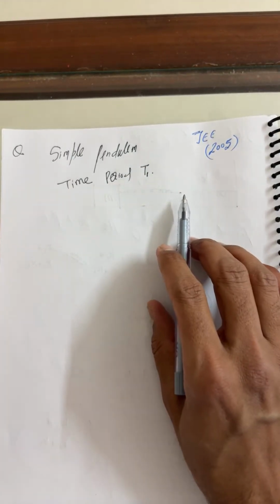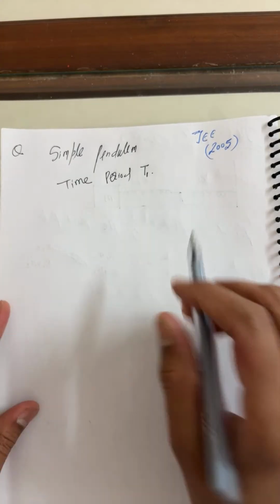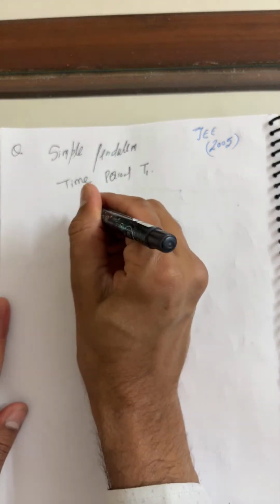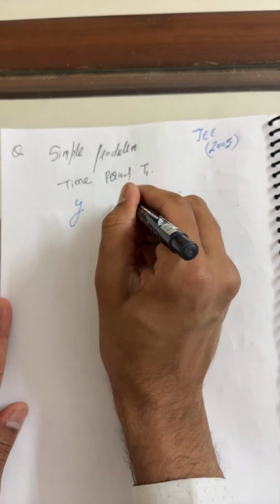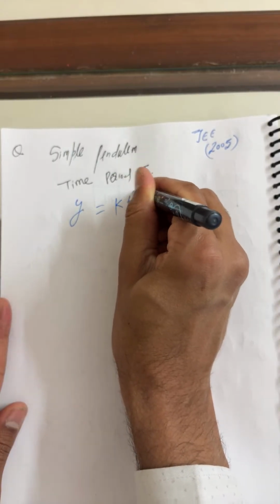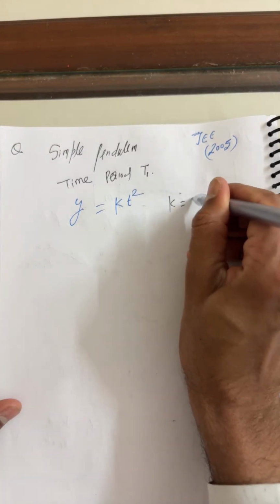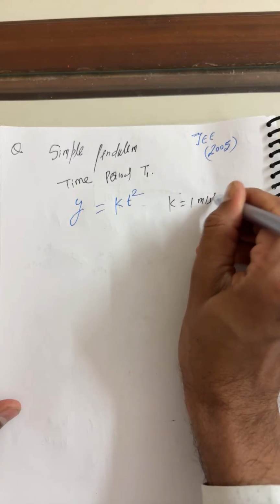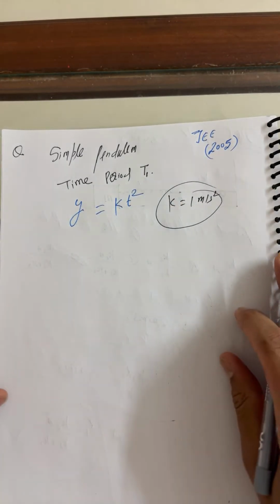The point of suspension is now moved according to a relation. Not tough at all, you can do it easily. As a function of time t, y is equal to kt square, where k you can take as 1 meter per second square, mentioned in the question itself.